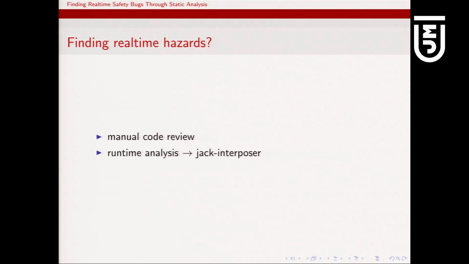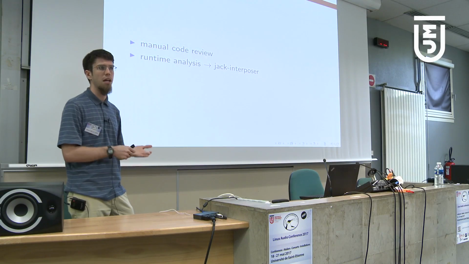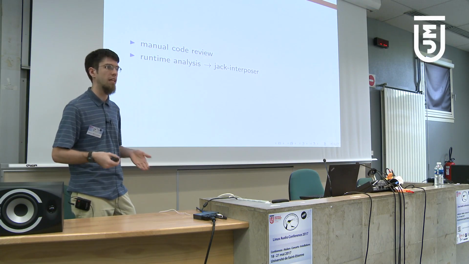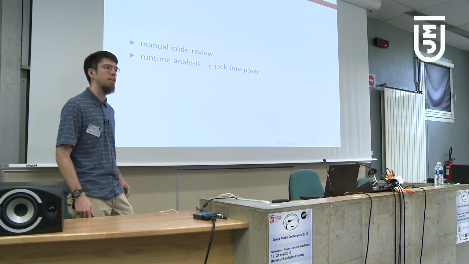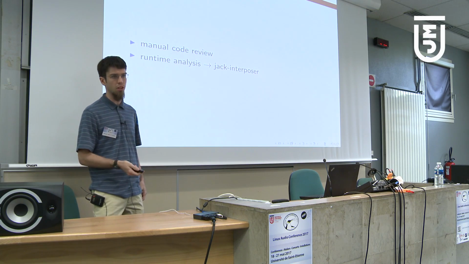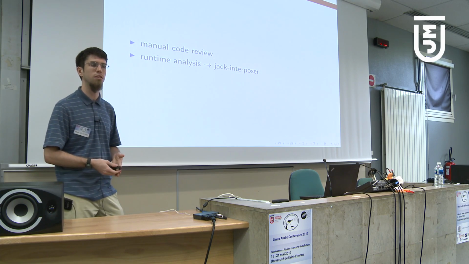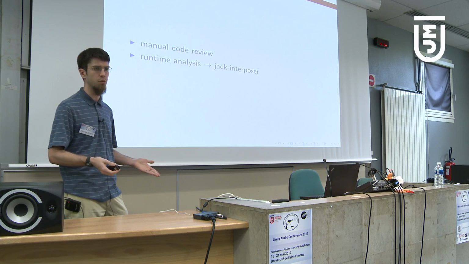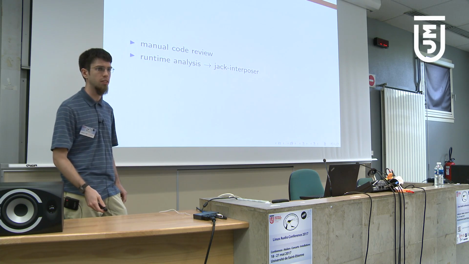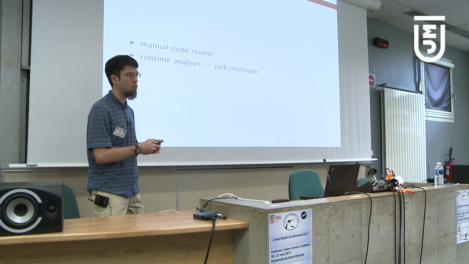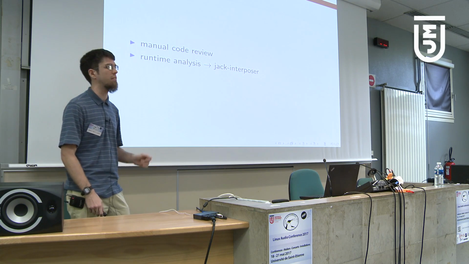And in particular, the Jack interposer is a pretty interesting tool in that you have a shared library that you can load up, and whenever unsafe functions such as malloc, free, poll, etc. is called, the library presented by that software intercepts the call, checks what thread it's running in, and then from that is able to either print out some sort of warning message or crash the program so that you can investigate a backtrace.